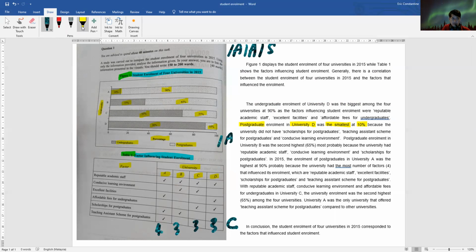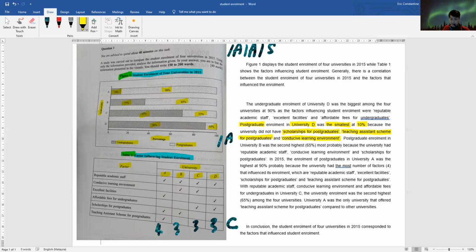And then let's look at the second analysis. The university did not have scholarship for postgraduates, teaching assistant scheme for postgraduates and conducive learning environment. Now, you notice that I decided to put the single inverted comma once again to reduce the number of words.